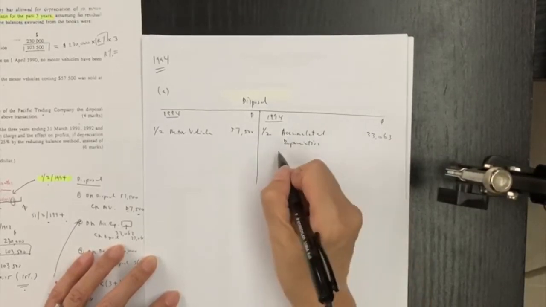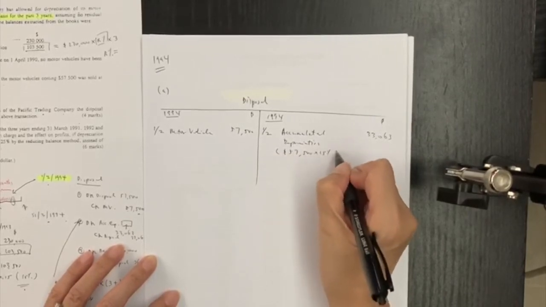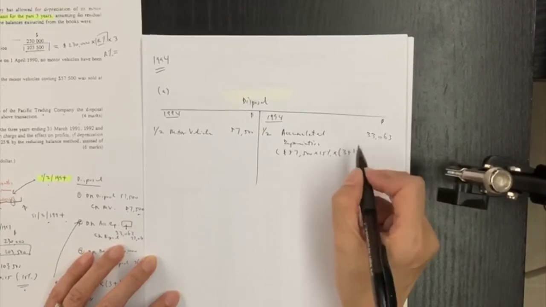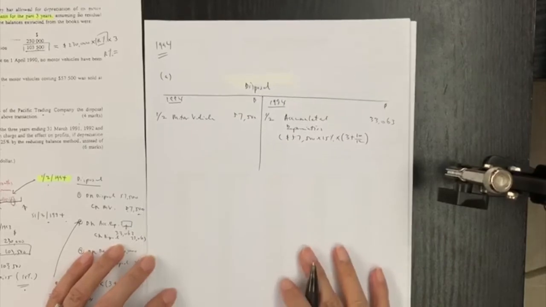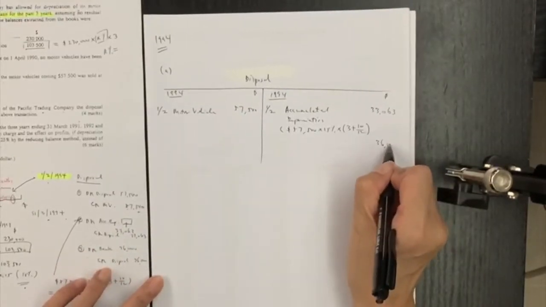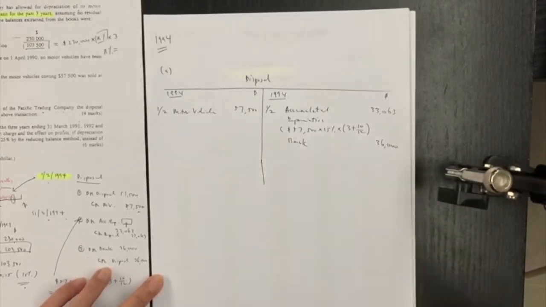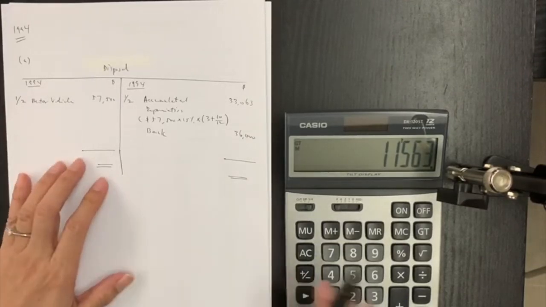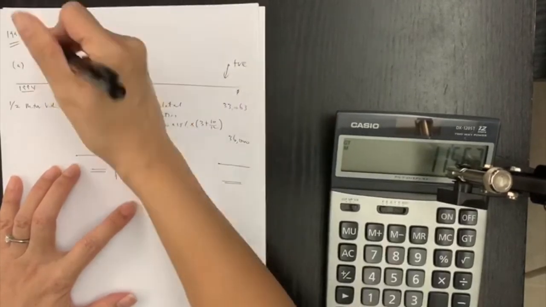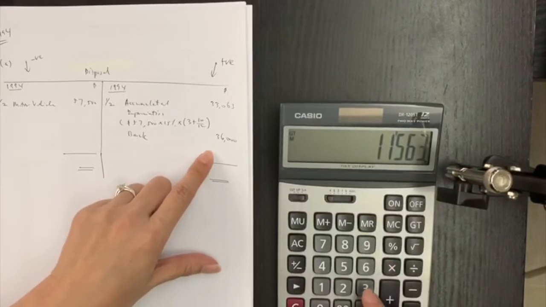We can repeat that again: times 15% times 3 years and 10 months. And step 3, credit disposal 36,000 because of money received. Finally, we can close the disposal account. This is positive on the credit side, this is negative, and we have the credit side bigger.